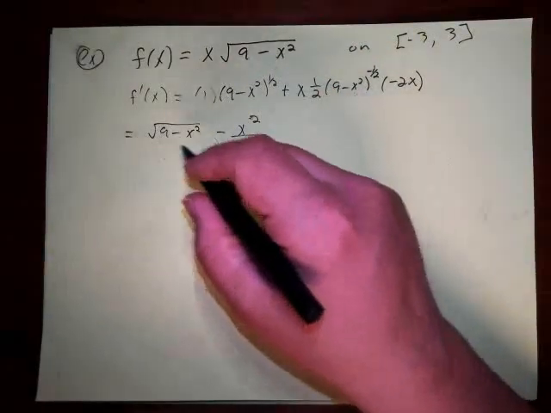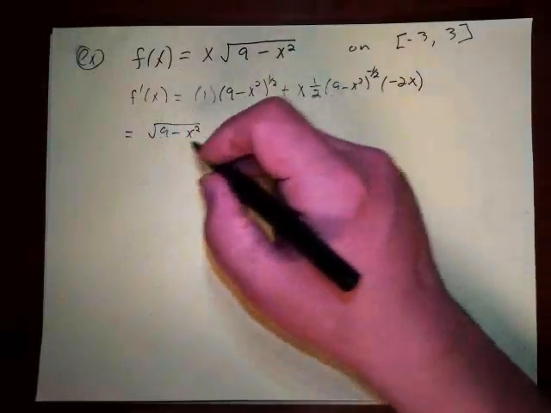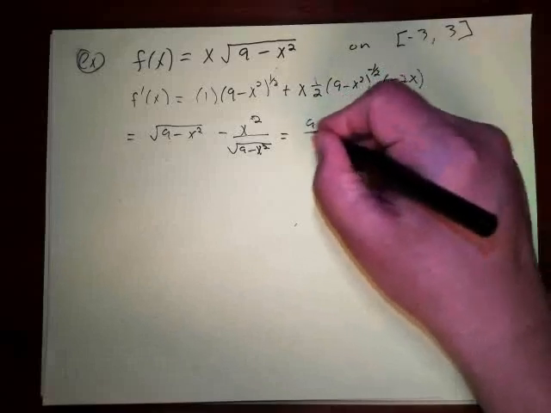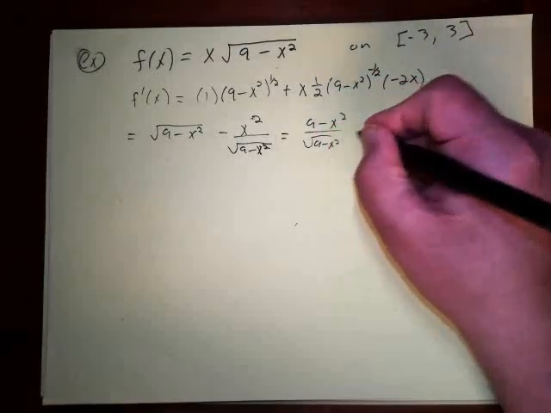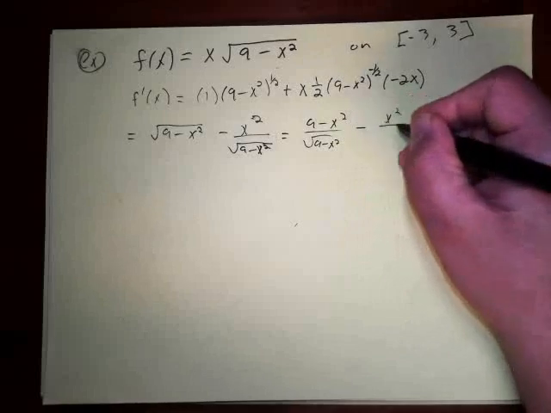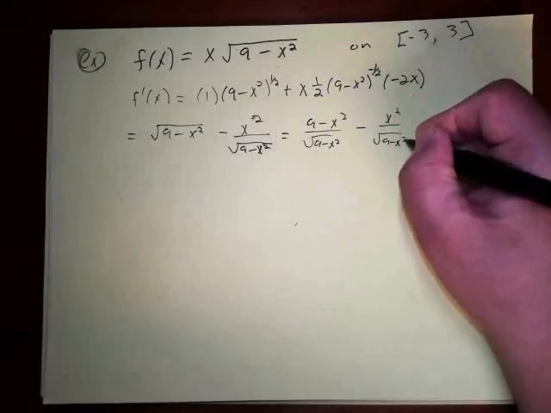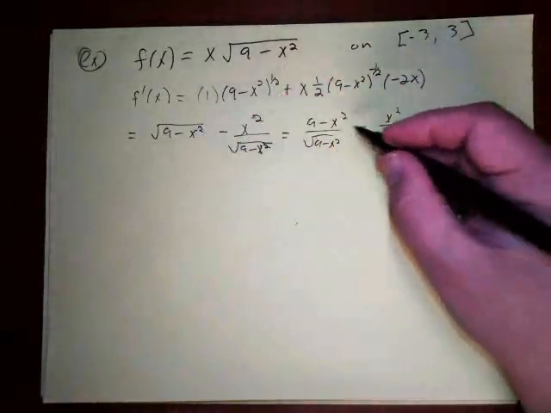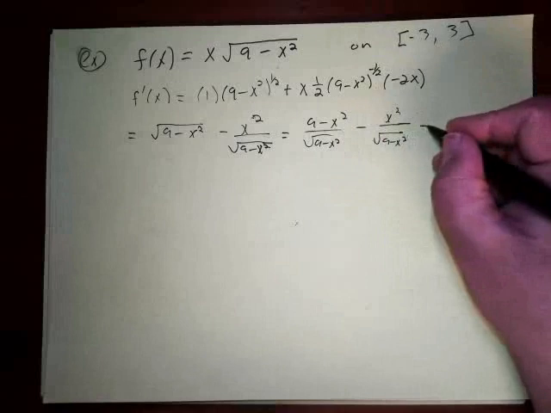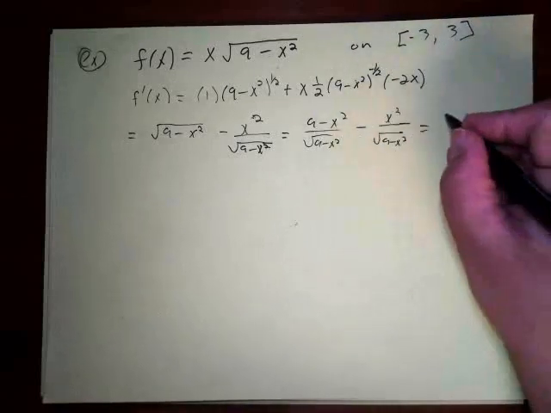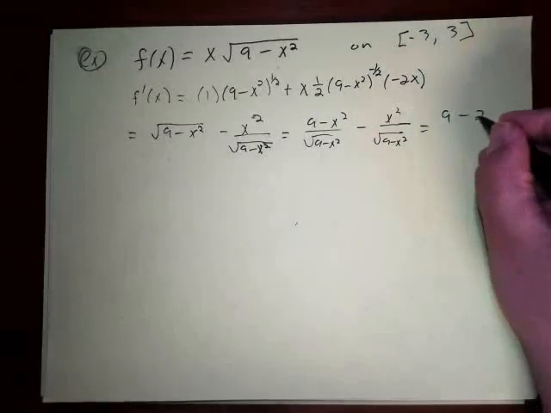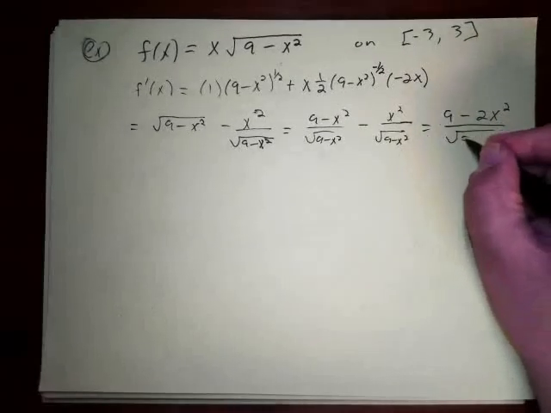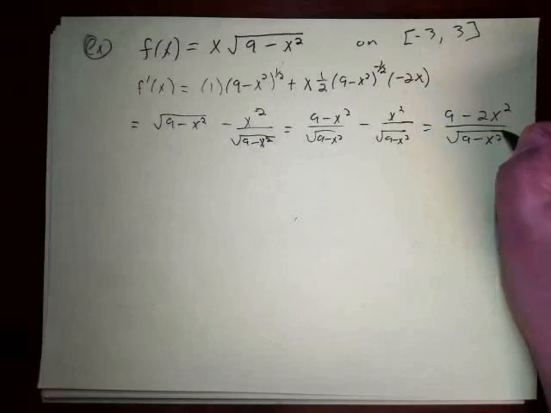Now I want to multiply the top and bottom by this denominator here. Then I'd get 9 minus x squared over the square root of 9 minus x squared, minus x squared over the square root of 9 minus x squared. So this is just getting a common denominator. Now I can subtract these two, and on the top I'll get 9 minus 2x squared over the square root of 9 minus x squared.